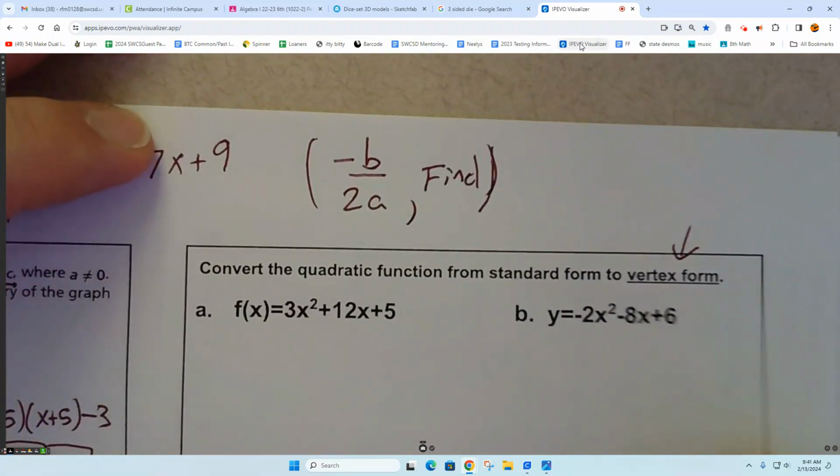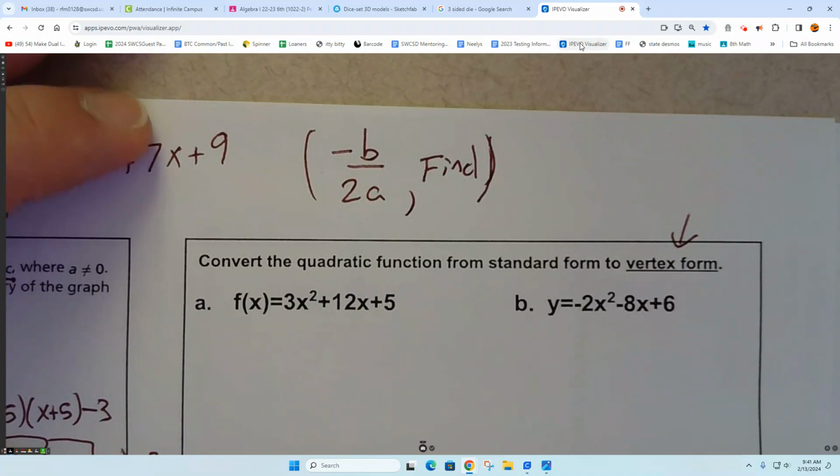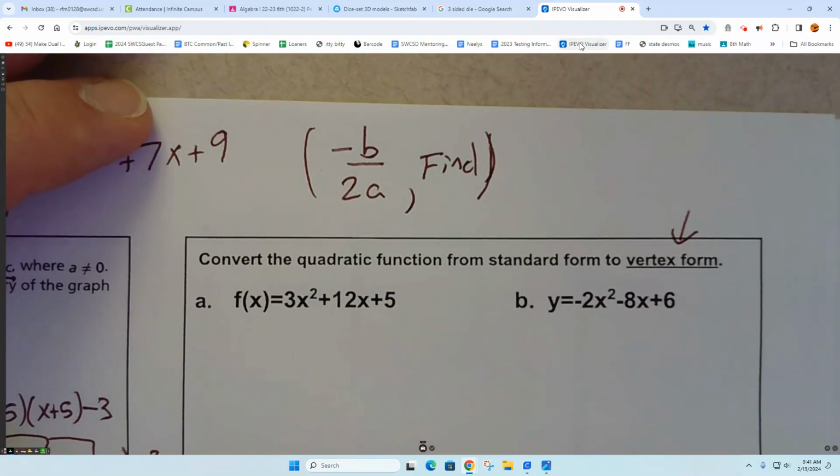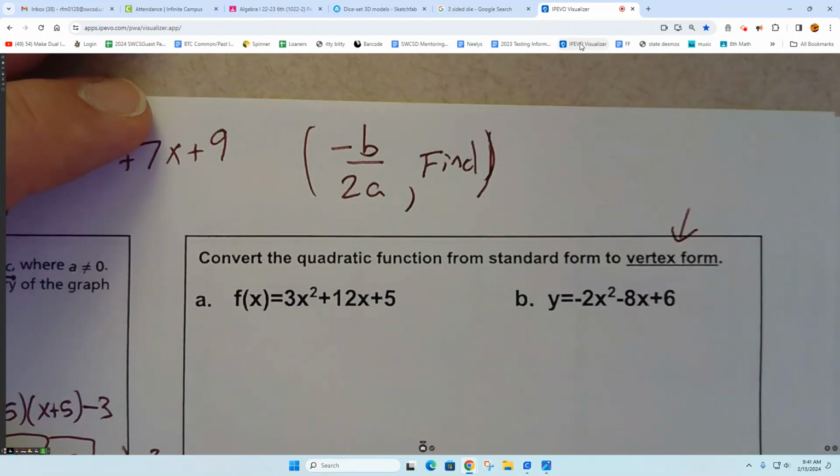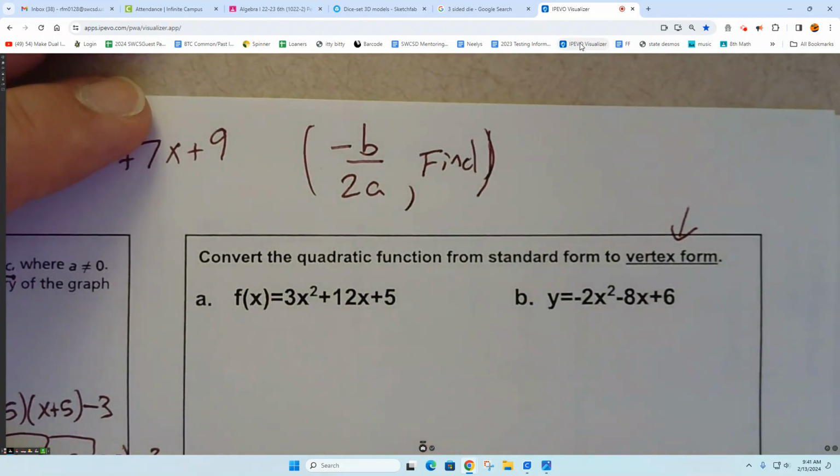We've talked about what A, B, and C are. What is my A? Where do you think A is in terms of these things? 3.